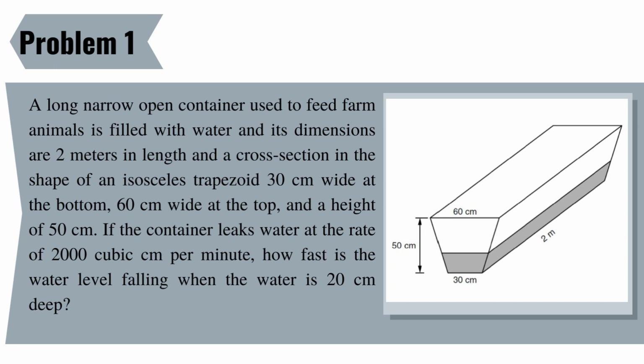We have the measurement for the bottom base of the trapezoid, which is 30 centimeters, upper base 60 centimeters, length of the container, which is 2 meters, and height of the trapezoid, or rather height of the container, which is 50 centimeters.